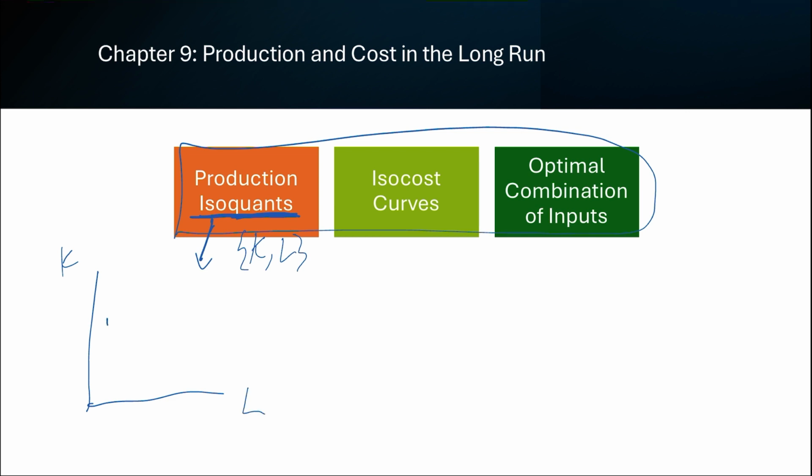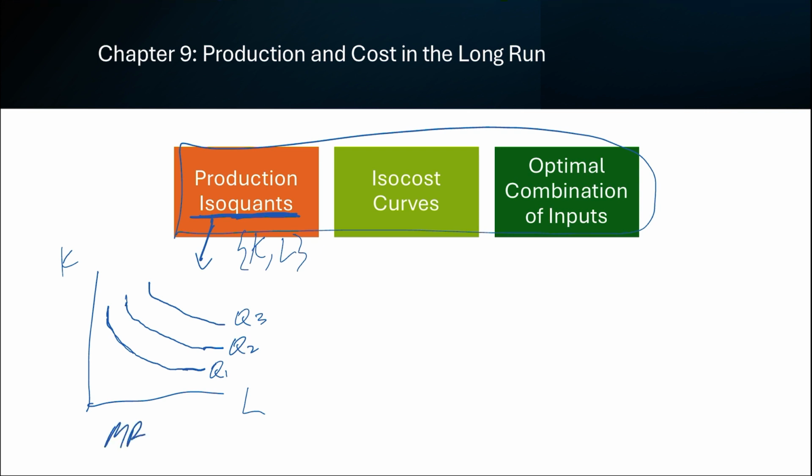And we're going to expect that this is probably going to be curved inward due to diminishing marginal product of each one. And so the more we have of one, whether it's capital or labor, the less productive it is to use more and more of that input. And so one isoquant might get us to this quantity. If we use more of both, we can get to a higher quantity. Those are our isoquants. And this is going to be dependent on our production function.